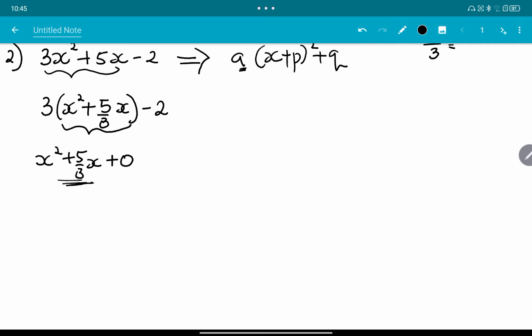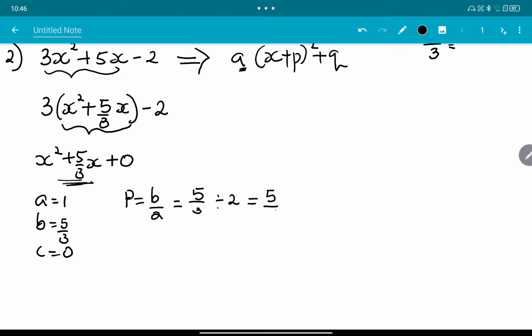Okay? And our a here is 1, our b is 5 over 3, and our c is 0. So I need to get p, which is b over 2. What is my b? 5 over 3 divided by 2, right? Which will be 5 over 6.